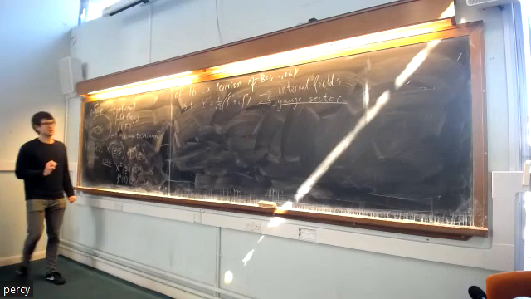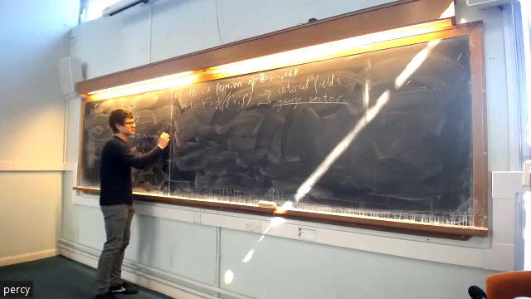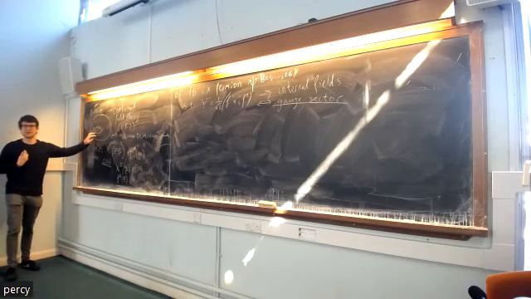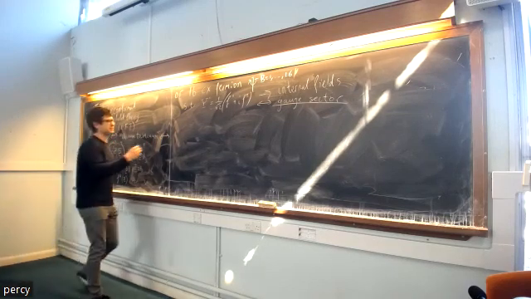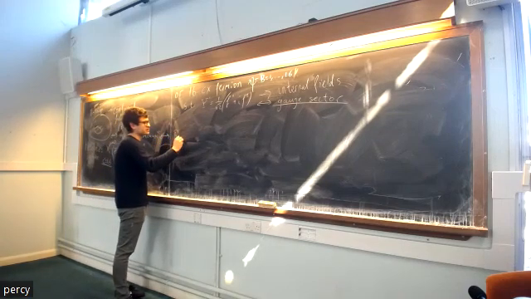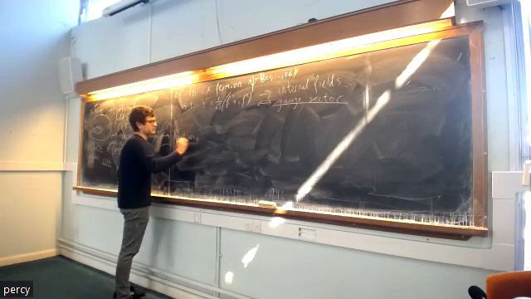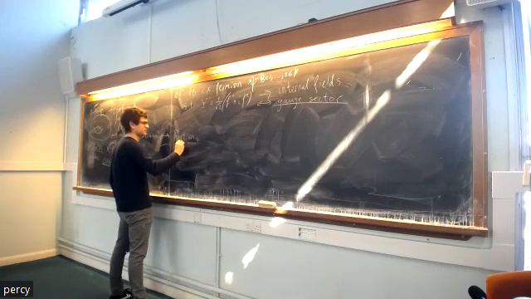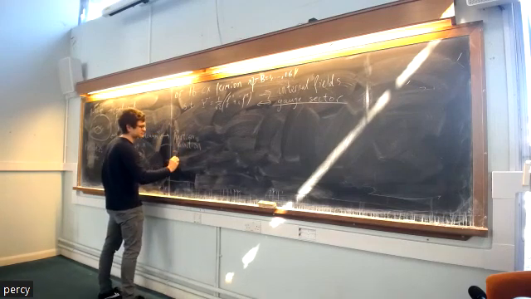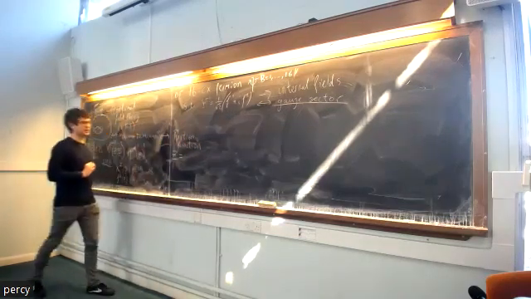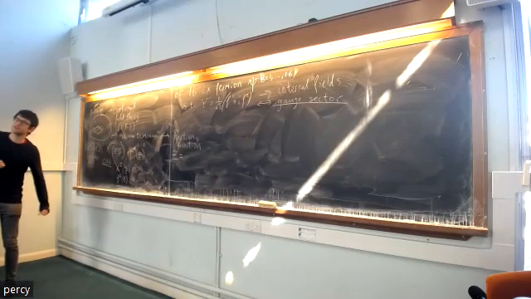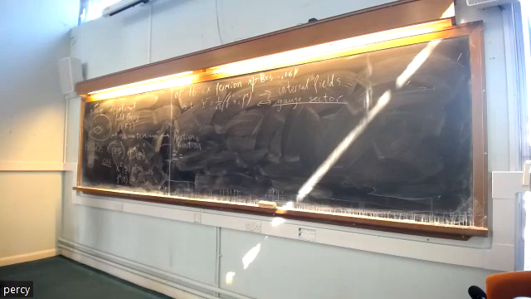And in this vacuum to vacuum amplitude, all the states are going around it, and it has to be conformally invariant. It ends up meaning that we write the amplitude in terms of a function called the partition function, written as Z in analogy to partition functions in statistical mechanics.